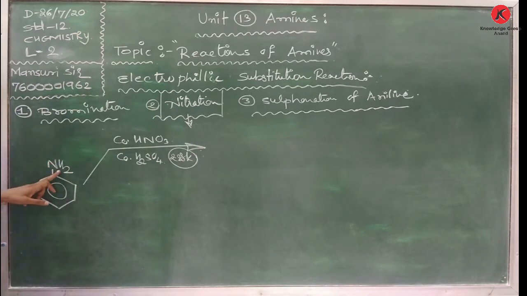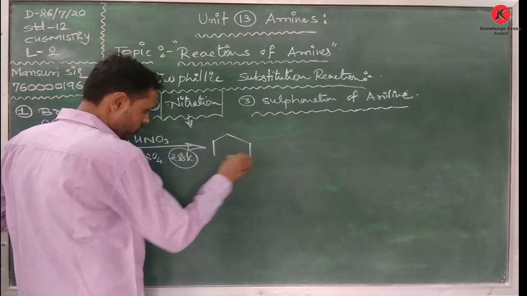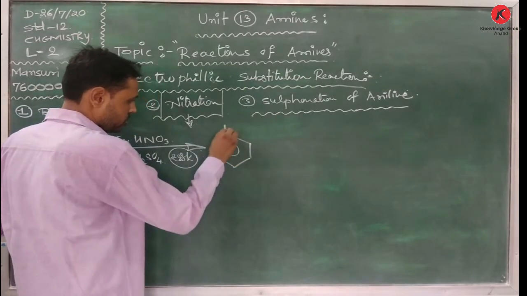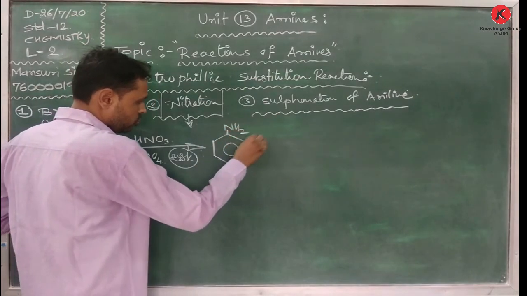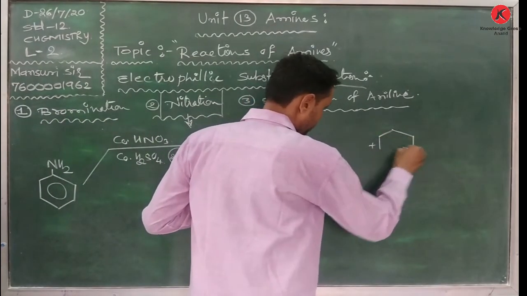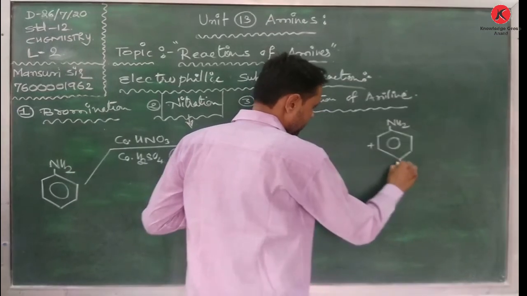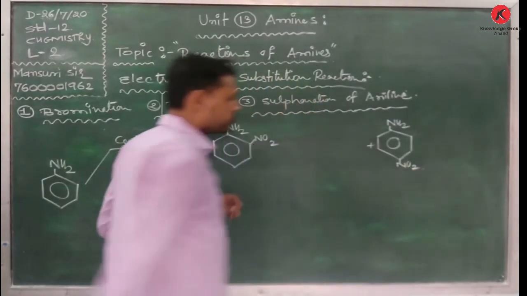ortho, because this NH2 is an ortho-para directing group, that is why two products, O-nitroaniline and P-nitroaniline are obtained.